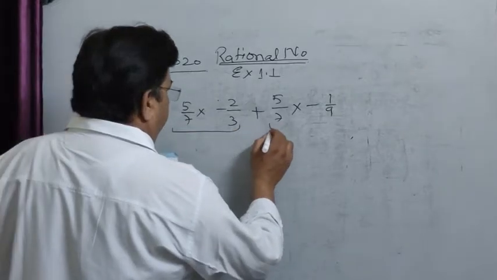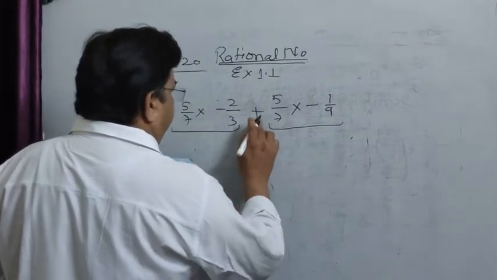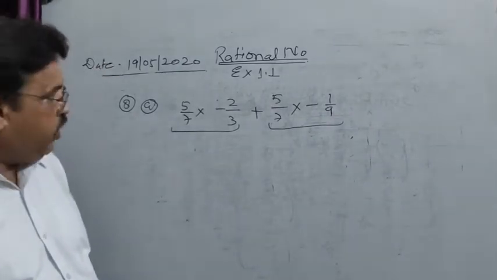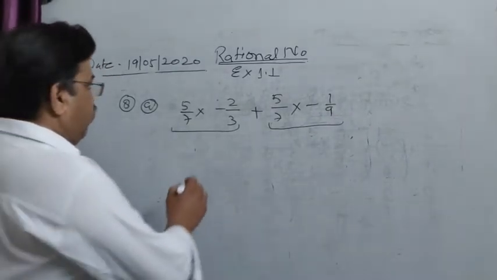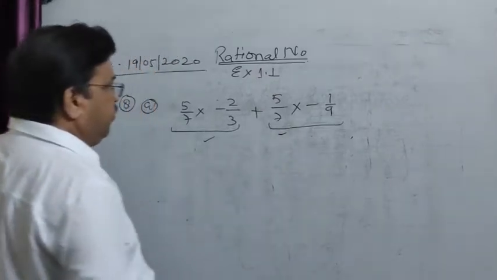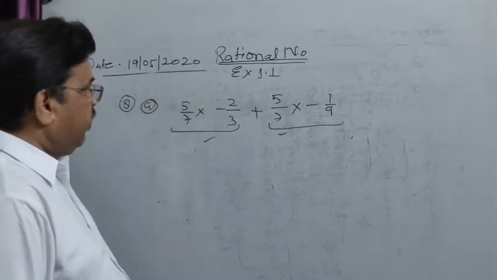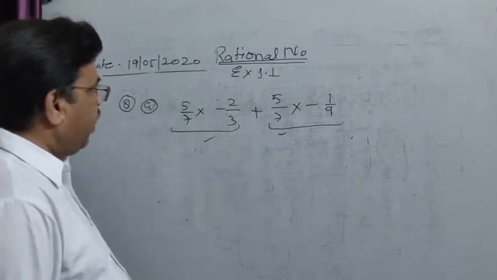You make the two pairs by separating positive or negative sign here. First of all, check in these two pairs which number is same. I think 5 by 7 and 5 by 7 in these two pairs are common number.